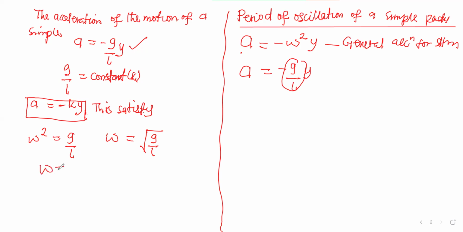Omega we know to be equal to 2 pi over the period. So when we substitute 2 pi over the period, we have this being equal to root of g over L. Class, help me make T the subject. I'm waiting for you to help me out here.